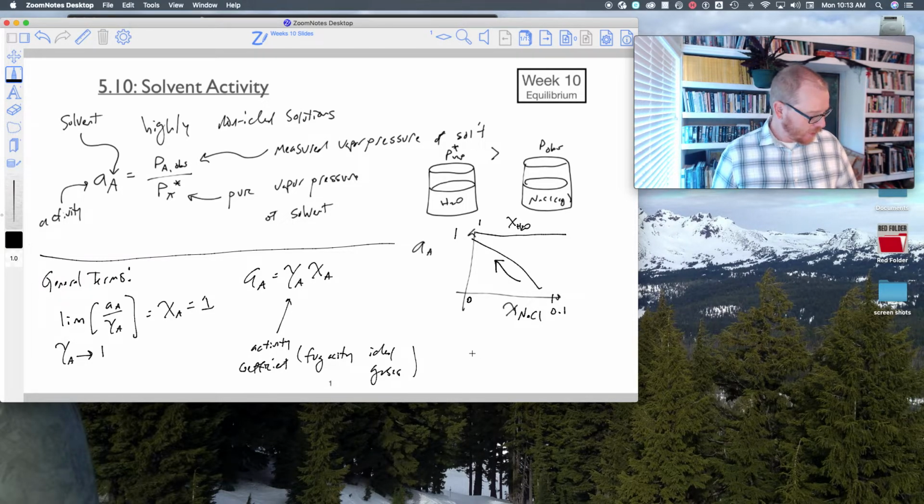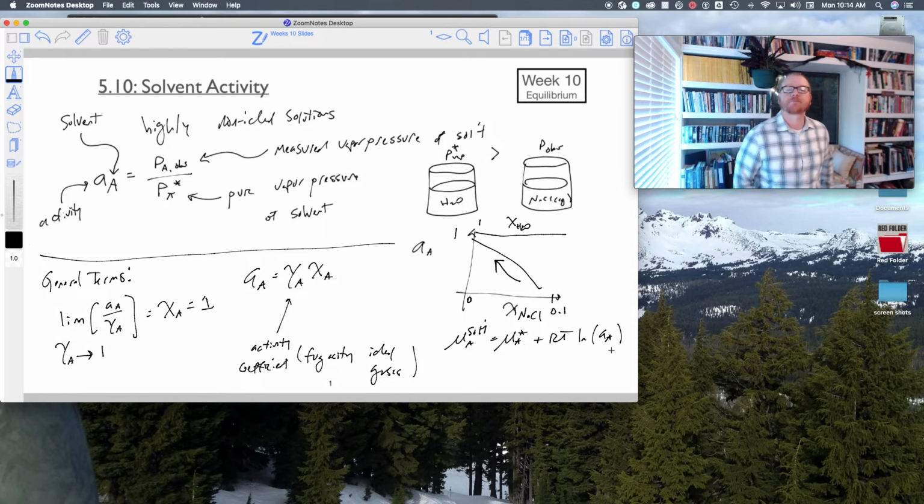Okay, and we could write this in terms of the chemical potentials. I could say the chemical potential of the solution equals the chemical potential of the pure liquid plus RT times the natural log of the activity.